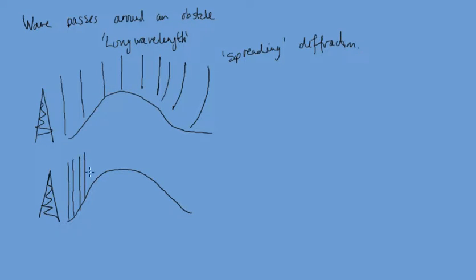So this is our shorter wavelength. We do get the diffraction happening, but it's not going to happen to the same degree as with a long wavelength wave. So this is our short wavelength.